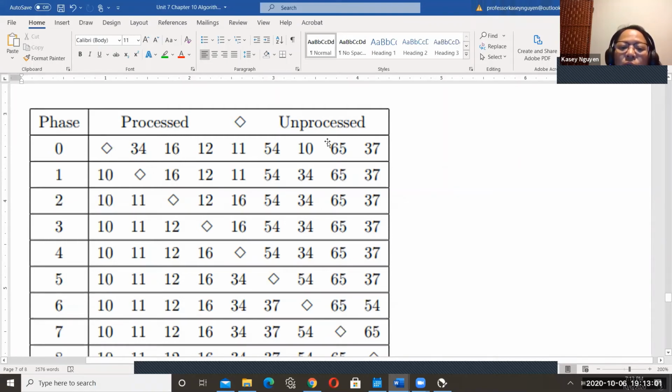So we take that 10, put it in temp, shift everybody over, and then put the 10 in the front. Then on the next one, we know that the next least value is 11, and it's going to move 11 after 10. The next value is 12, 12 after 11, and then 16, 34, and so forth.